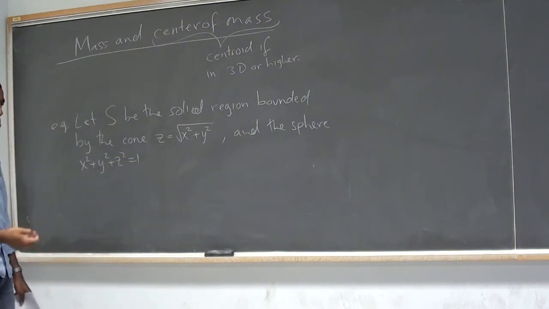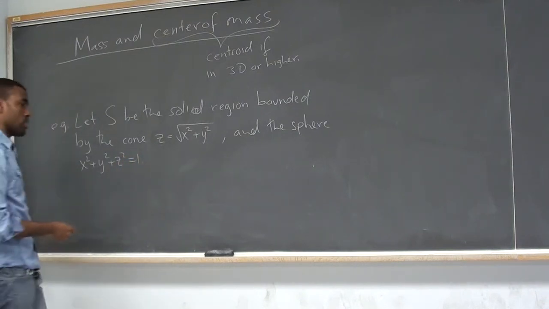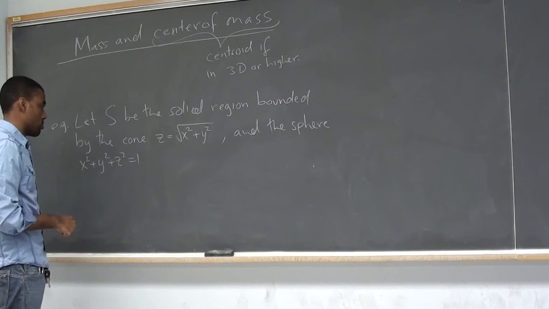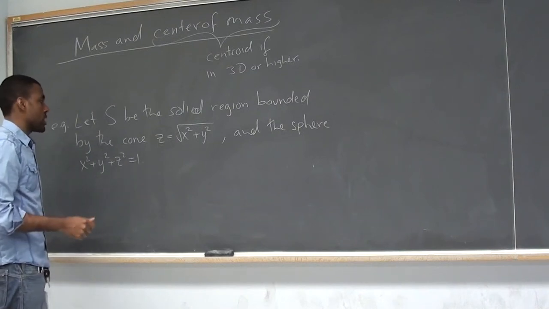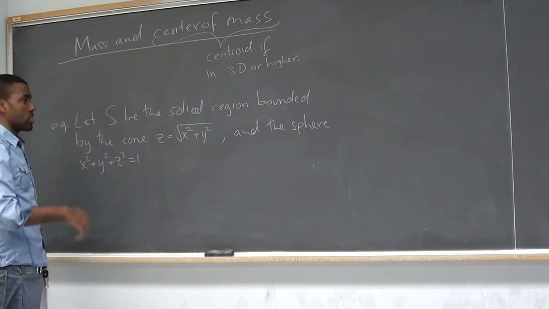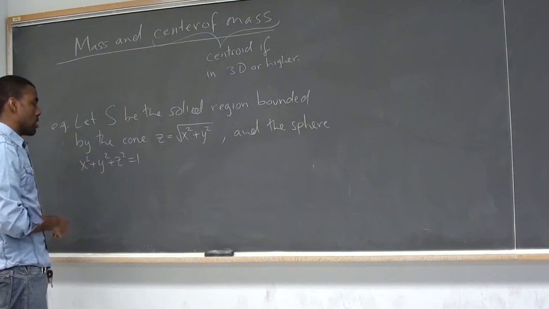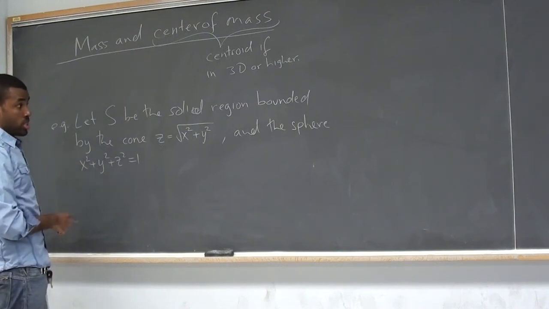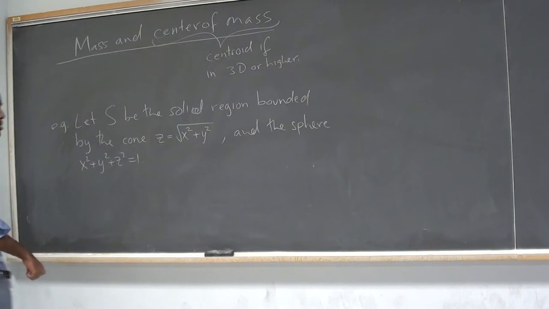So just a couple of nice surfaces, don't have to go really crazy. Like I said, your exam didn't really go, there was nothing really crazy. So if you know how to do it for your standard surfaces, you can pretty much figure out how to do it for everything else. This is the region bounded by this cone and that sphere.